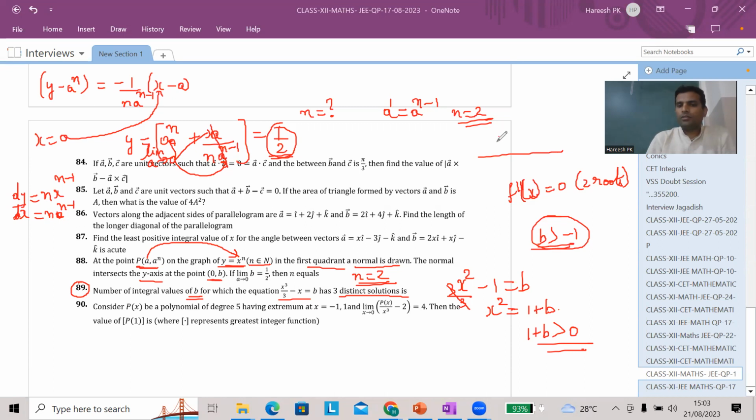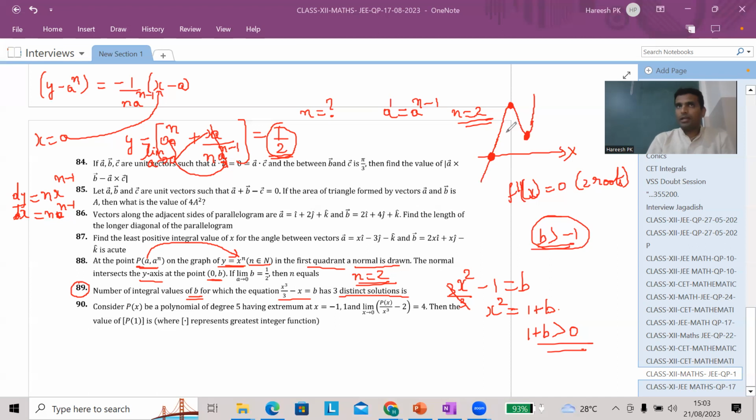Because look at this graph. Here, f dash x is 0 here and f dash x is 0 here also. Although f dash x is becoming 0 at 2 points, how many roots are there if this is the x-axis? It is only cutting the x-axis at 1 point.